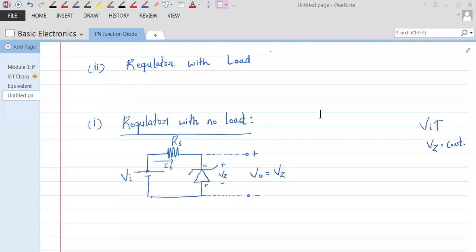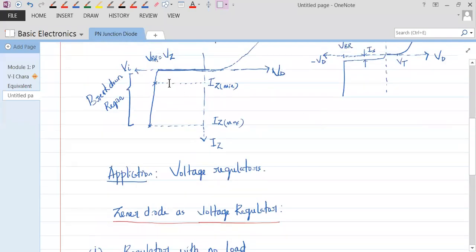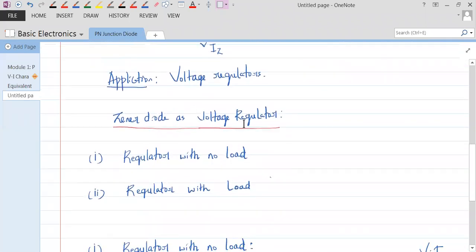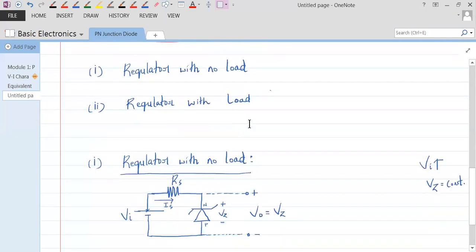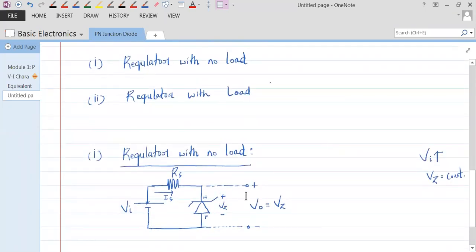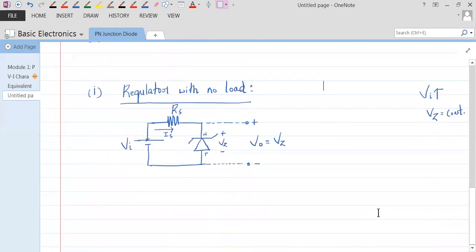You might have seen here, though we vary the input voltage, the voltage across the Zener diode, or the breakdown voltage, is almost constant. This characteristic of the Zener diode is made use of in the voltage regulator because it gives us a constant voltage across the diode, and that itself is your output. Fine. So this is what is called the regulator with no load.